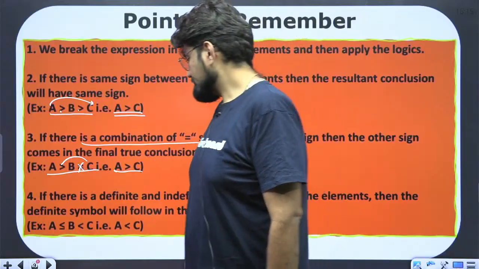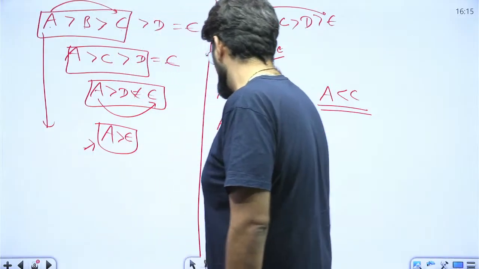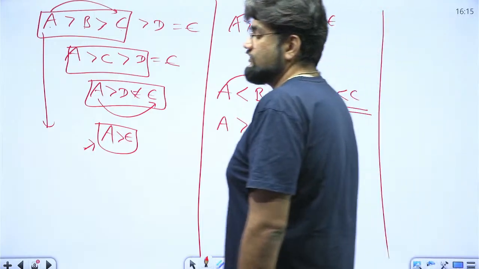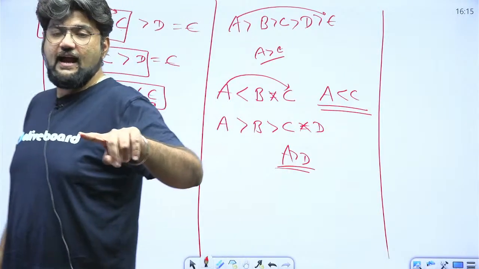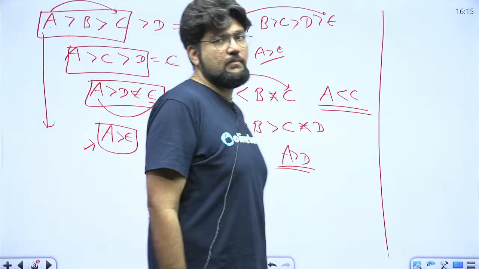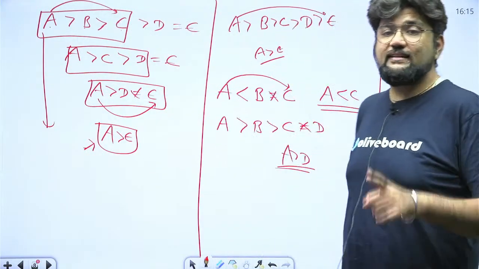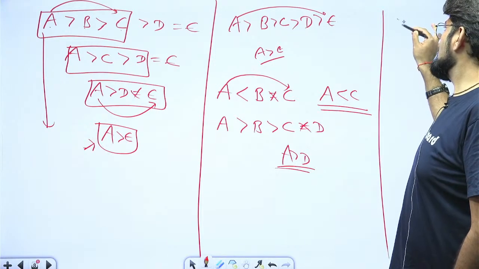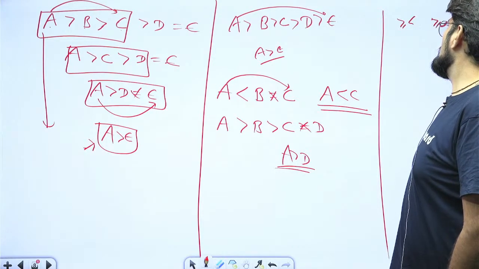Okay. And the last one is where our knowledge of definite and indefinite symbols is going to help us. If there is a combination of a definite and an indefinite symbol, we will always drop the indefinite symbol. For example, definite we know greater and less, indefinite we know greater than equal to, less than equal to.